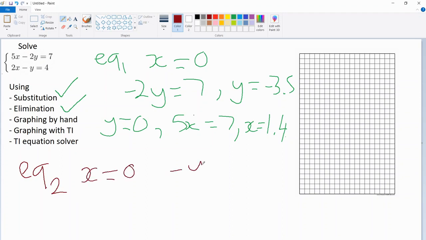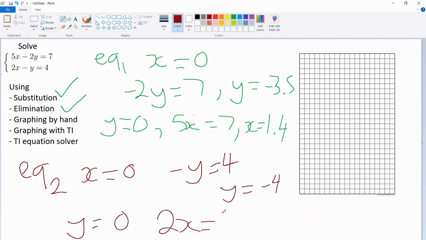Then it'll be minus y equals 4, and then y equals negative 4. And then y equals 0. 2x equals 4, and that would imply x equals 2. Okay, so those are the coordinates, all the intercepts.